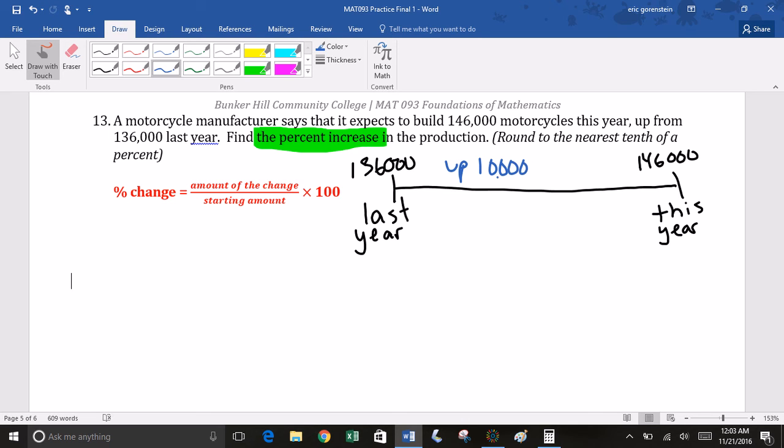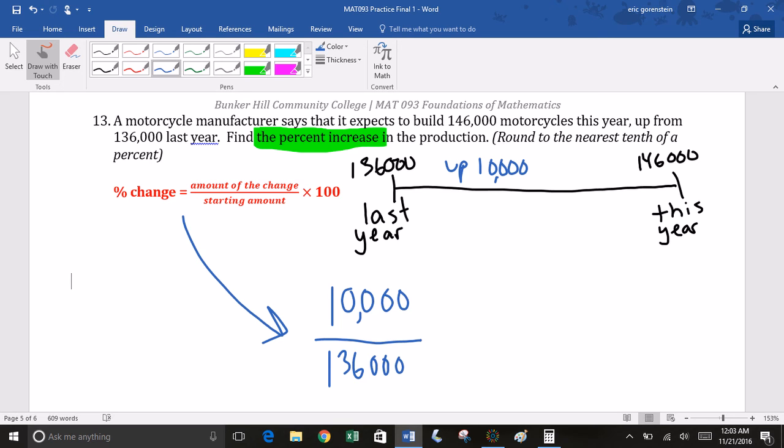Now the percent increase is the amount of the change, 10,000, divided by the starting amount, which is 136,000, and we'll multiply that by 100. Again, the times 100 changes the decimal into a percentage.